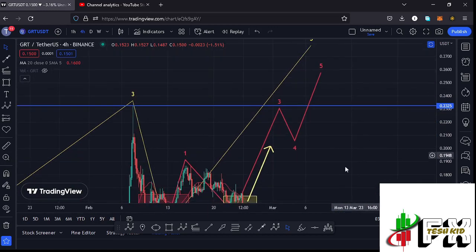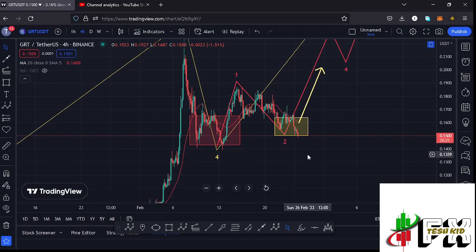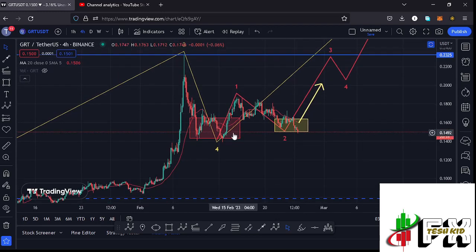But in case we continue holding below the 20-day MA, lose the fib level 0.78, which lies at around the $0.1499 mark, then we need to have breakdown targets to the lower side in what could still be the formation of this higher Elliott wave count 4 to the lower side.